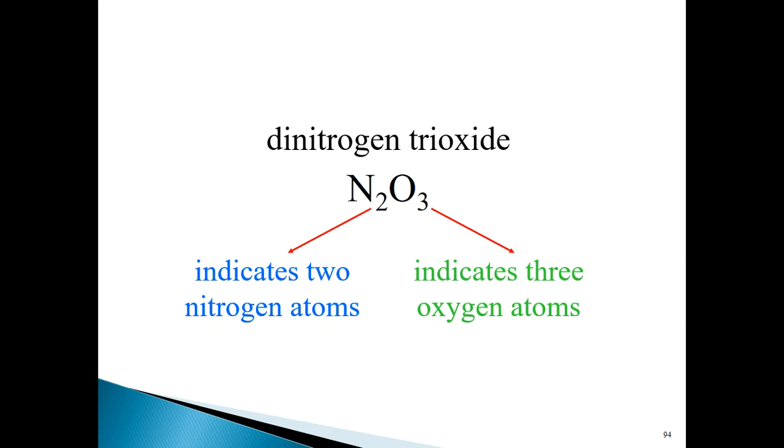And the way we do that is that we say dinitrogen. The di indicates that there are 2 nitrogen atoms. And then we say tri for the 3 oxygen atoms. But you'll notice that we use the IDE ending, all right? This is similar to what we learned when we talked about binary ionic compounds. For the second element, we use the stem of the name followed by the IDE ending, and therefore the name of this compound is dinitrogen trioxide, all right?